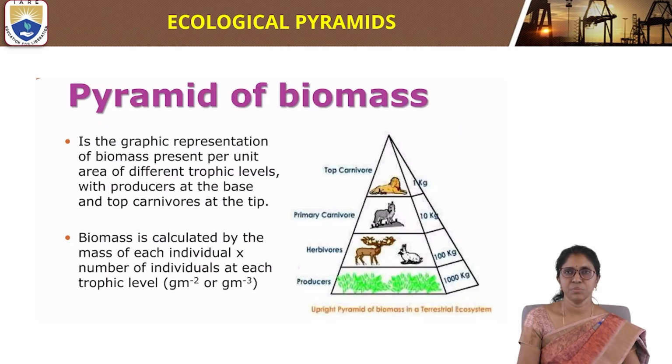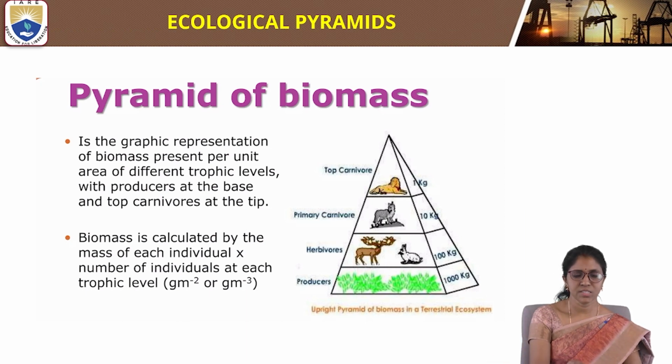The next pyramid is the pyramid of biomass. It is a graphical representation of biomass present per unit area of different trophic levels, whereas the pyramid of numbers indicates the number of individuals per unit area.